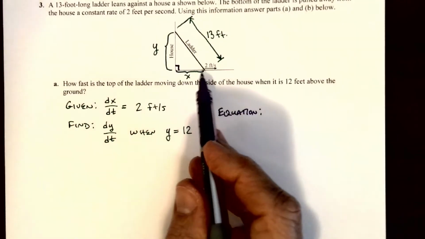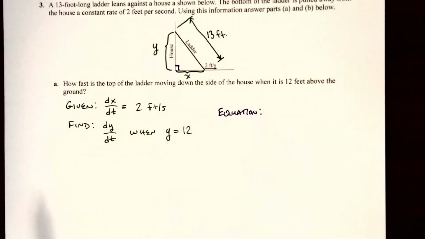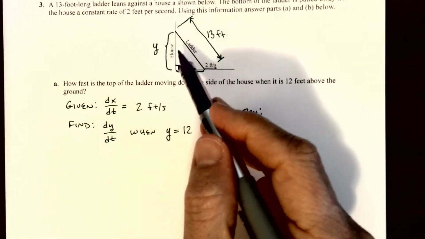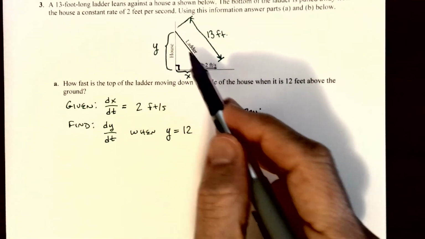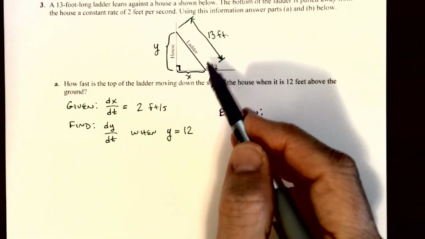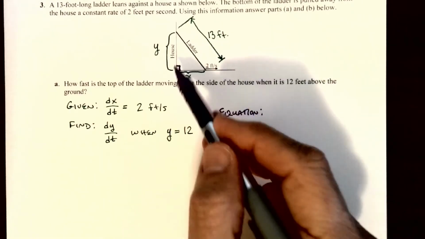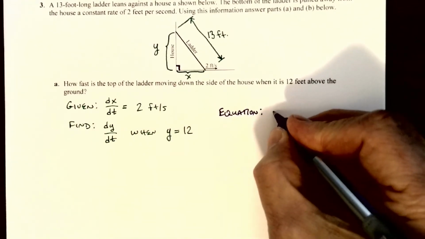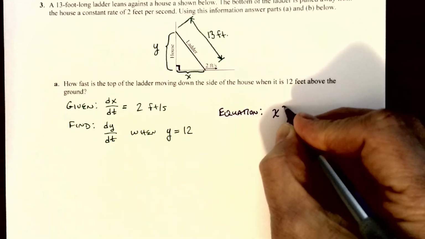We'll assume level ground, so no slopes or anything. So we have a right triangle, and the hypotenuse of this right triangle is 13. That's not changing. But these two side lengths are x and y. They are changing. What's the equation from the Pythagorean Theorem?